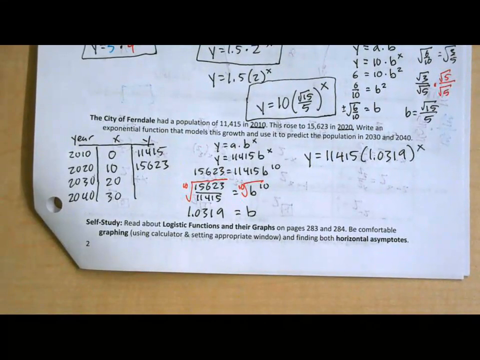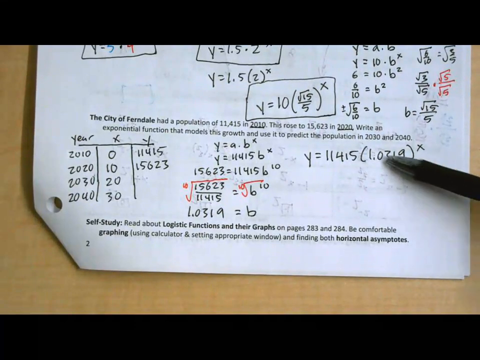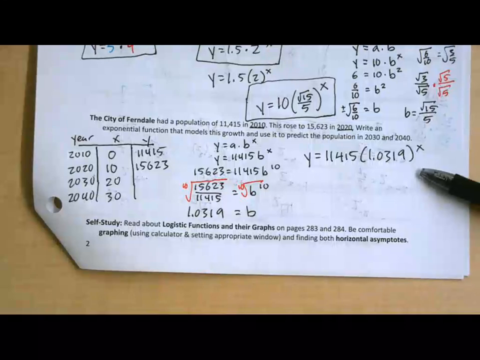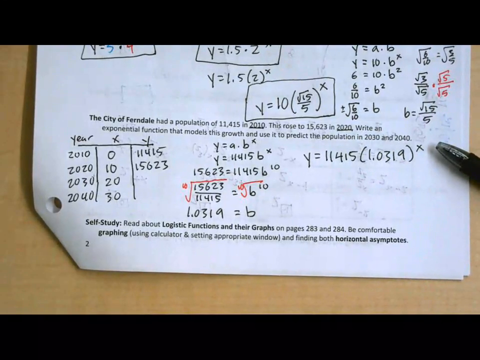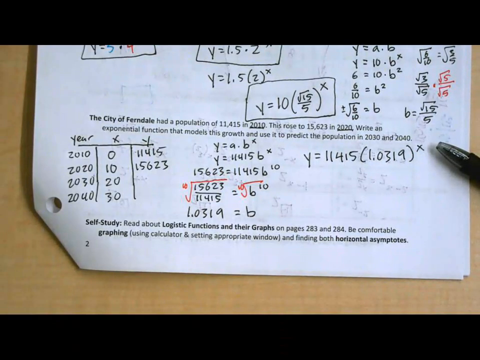If I want to be more exact, I'd say about 3.19. Because if this is a percentage, it would be 103.19. That tells us we're keeping 100% of the previous population plus another 3.19% on top of that. You guys remember doing that back in Algebra 1? So that gives us an idea of how much we're growing each year. It's only 3%.